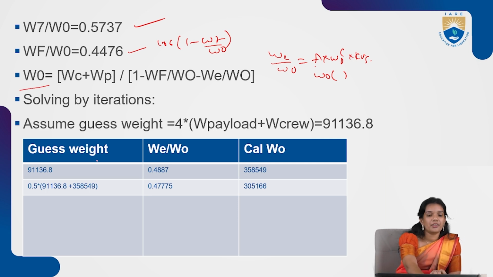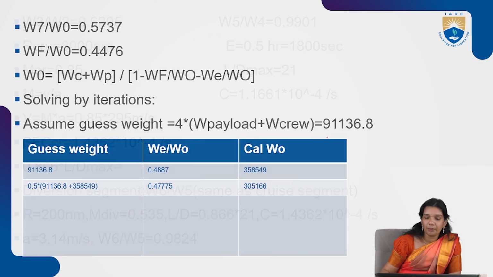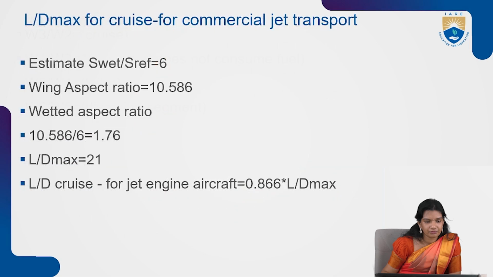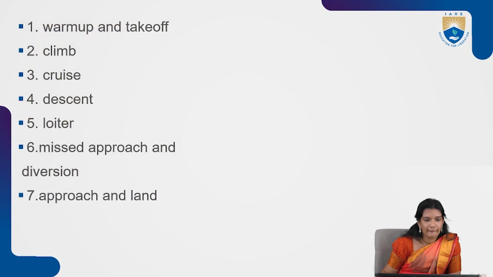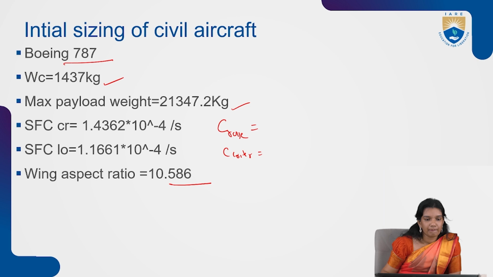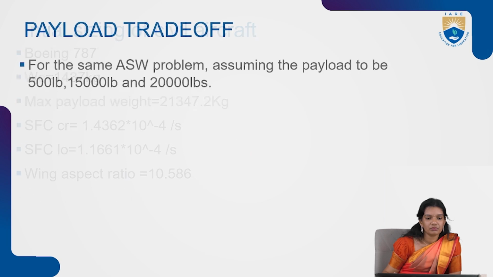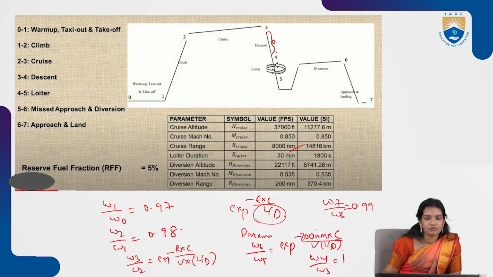Now the guess weight, we have said that is 4 times your numerator. So 4 times my numerator is going to be crew and payload weight, which is given. What is crew and payload weight? Okay, so the overall weight is given, 21347.2, that is payload, right?